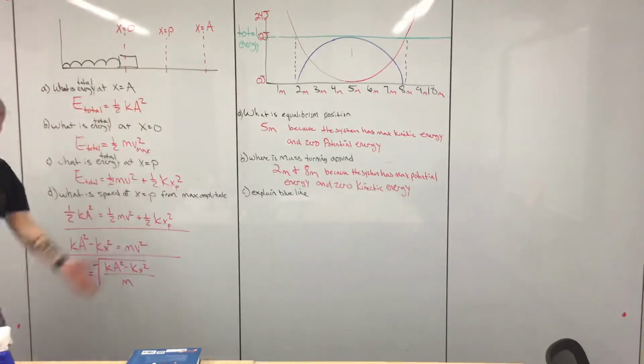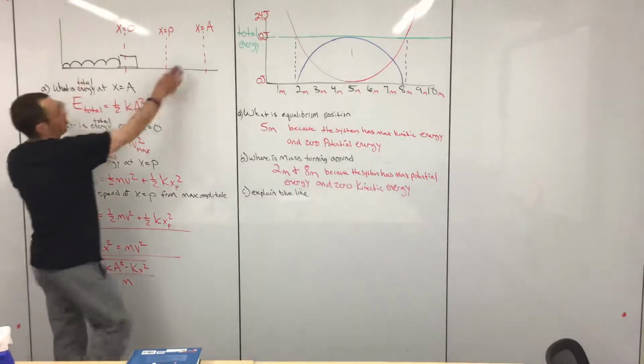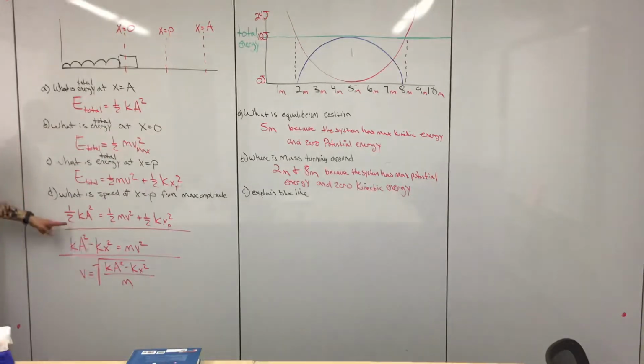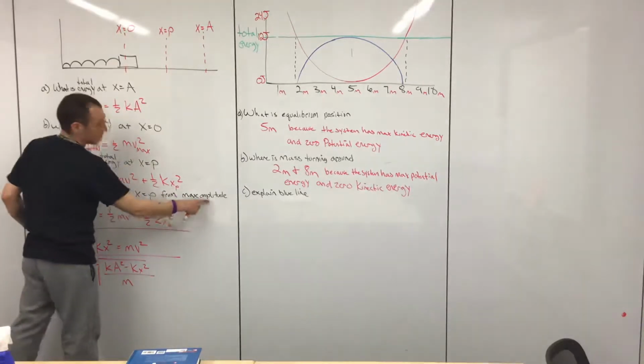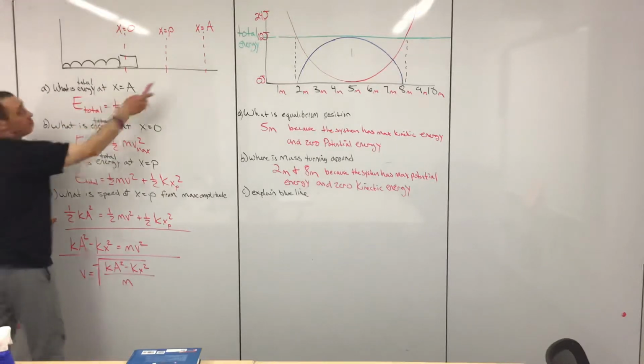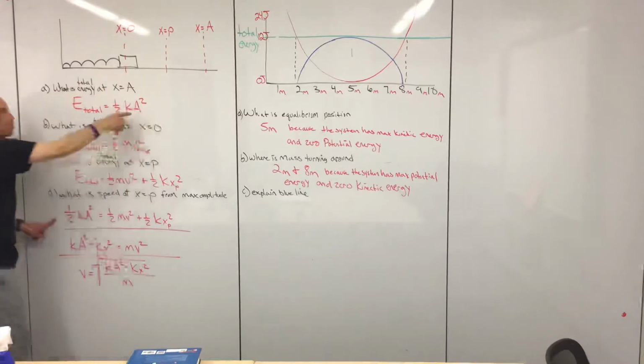The total energy of the system always stays the same no matter what's going on, right? And so we can use these reference points and this point right here to figure out what we need to. Since they want us to take from max amplitude, we know at max amplitude it's all potential energy, 1/2 k a squared, where a is just max amplitude, which would be x.